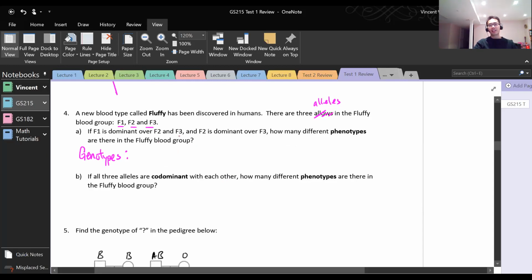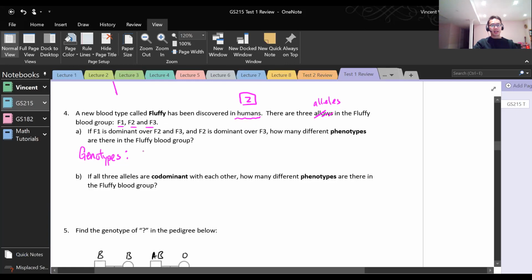How many alleles can we have again as humans? Two, right? We are diploid. We can only have two alleles. So even though there are three, we can only have two. So what are the possible combinations?